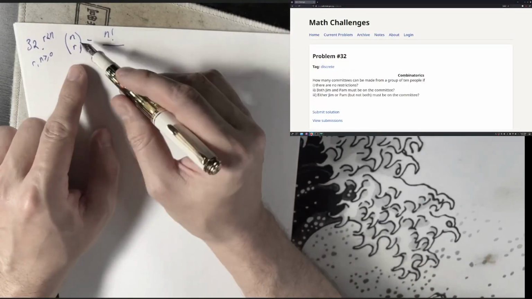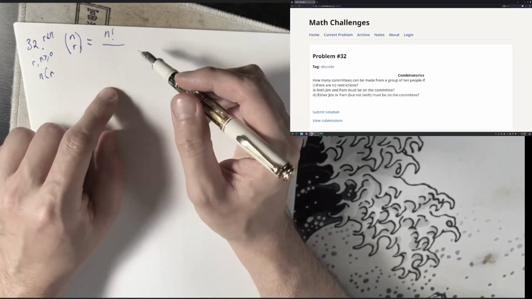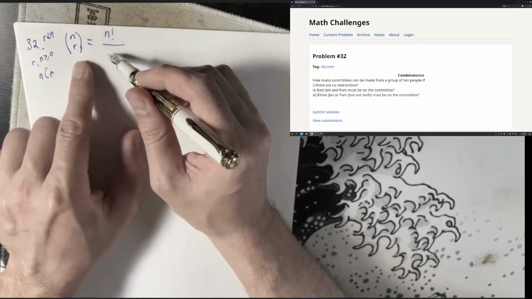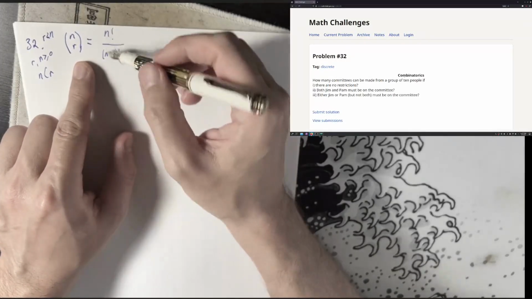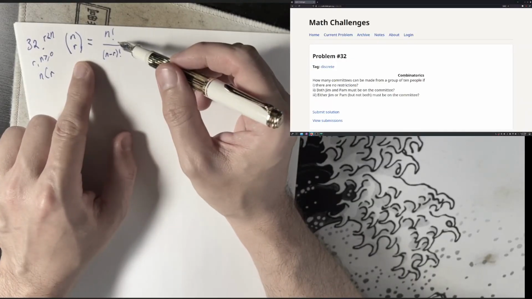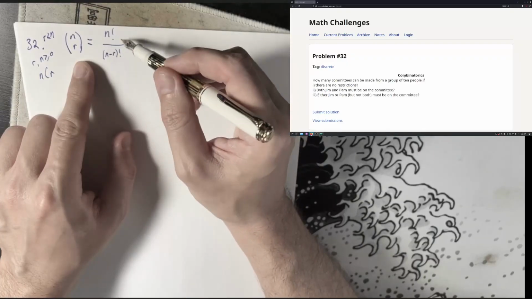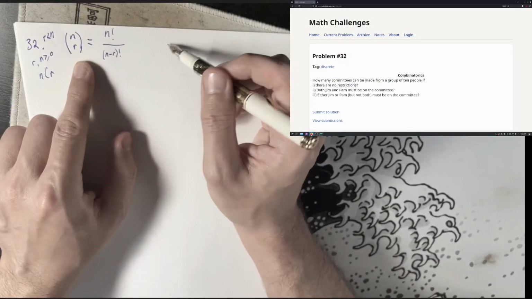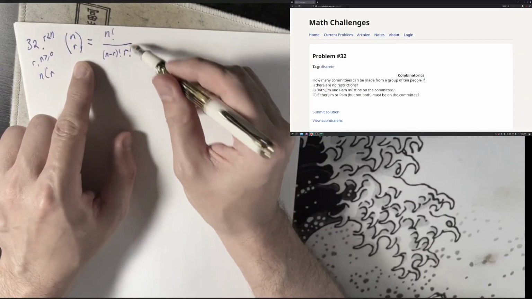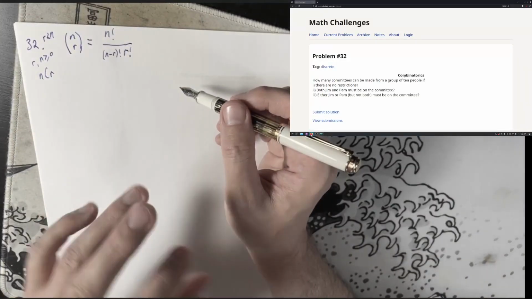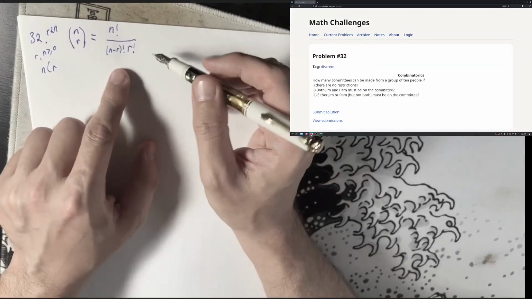Anyway, there's a formula for this combination. This is also the function nCr, if you've got a calculator with you or you've seen this before. n factorial over, this is a way to list just the permutations of r people. So it's like n times n minus 1 times n minus 2, all the way down to n minus r plus 1 is the last factor. And then we remove the ordering of those r objects, of those r tasks that you performed.